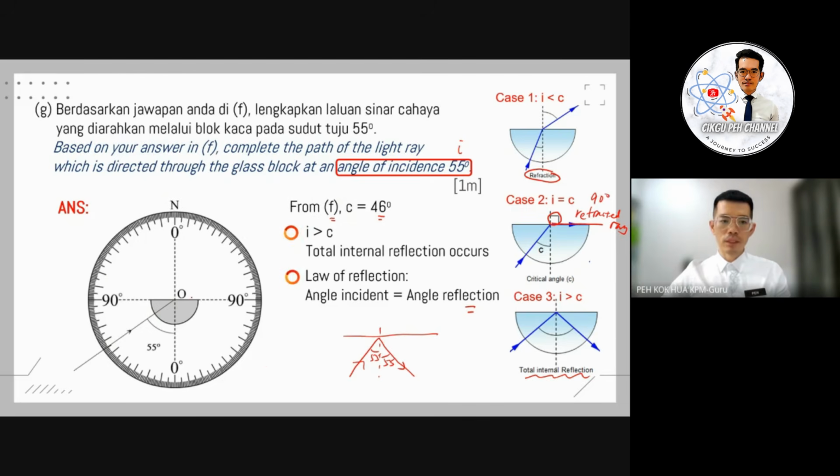The answer will be, this is the reflected ray, where you also need to give the angle, which is the same as the angle of incidence, 55. With this answer, you will get another 1 mark.